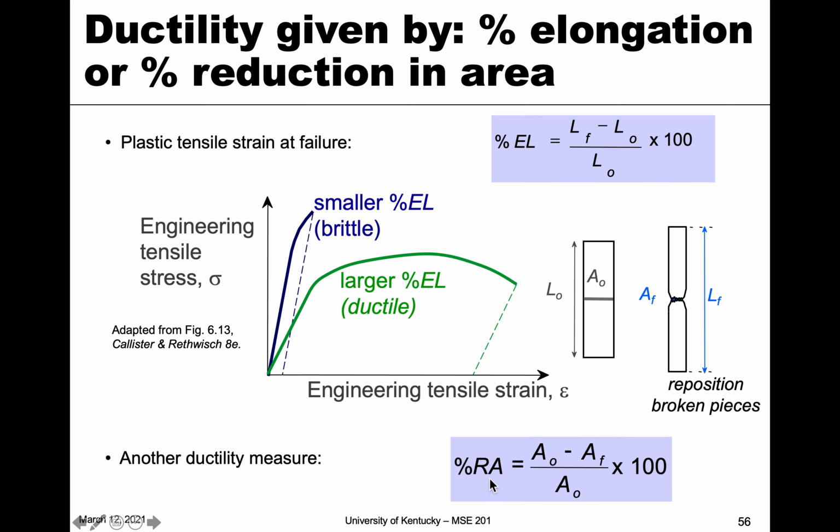Percent reduction in area, or percent RA, is the original area minus the final area, over the original area. The reason we've switched this order is to avoid a negative sign in that equation. This is obviously another measure of ductility, but it's not as common as the percent elongation, just because measuring length is a lot more straightforward than area in most cases.